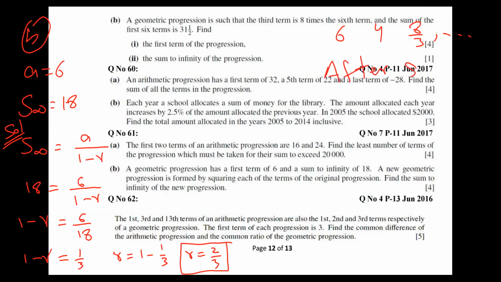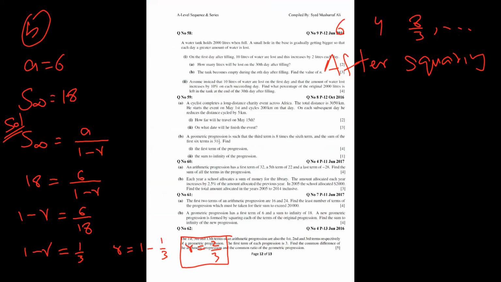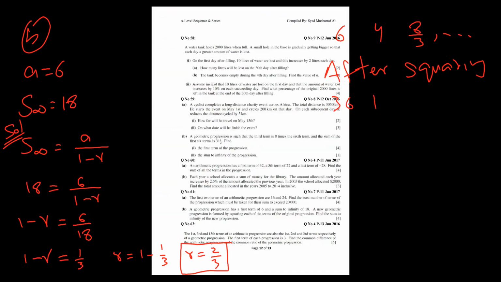According to the question, after squaring, let's start. When I square, I get 36, 4 squared is 16, and 8 by 3 squared is 64 by 9. Now he's asking to find the sum to infinity for this. So a is 36, and the common ratio is the second term over the first term, 16 divided by 36, which turns out to be 4 by 9.